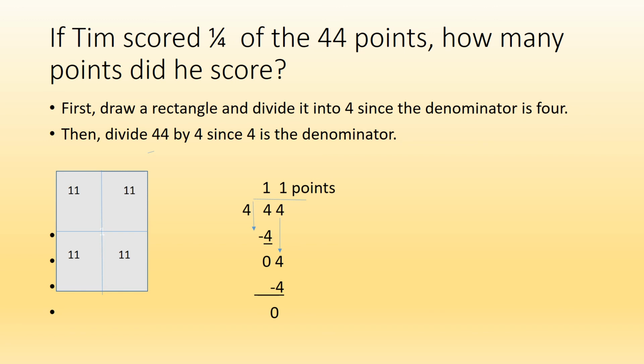Then we're going to divide that 44 by 4, since 4 is that denominator, and we want 44 broken into 4 groups. When we do that, we come up with the number 11. And then 11 is put into each one of those 4 boxes.